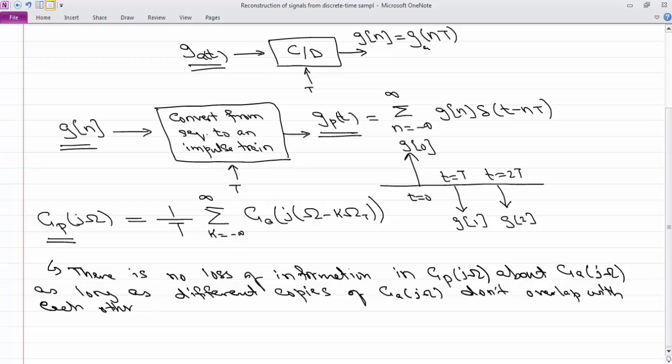That is precisely the Nyquist sampling criterion we derived: your sampling frequency must be greater than twice the bandwidth. If you do that, there will be no overlap of multiple copies. So let's assume there is no overlap. How do we recover the signal from this impulse sampled signal?